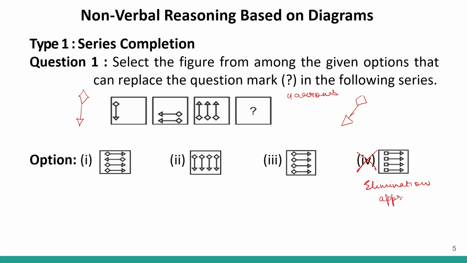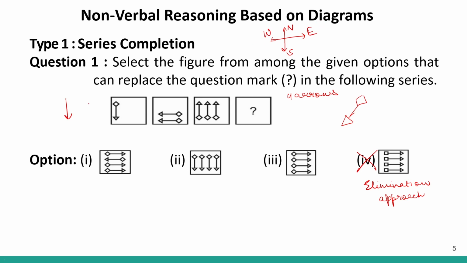Correct? Okay. So now we have to look at the direction. So over here the arrow is facing towards the south. If you remember this chart, north, south, this was west and this was east. This was the basic diagram for directions.